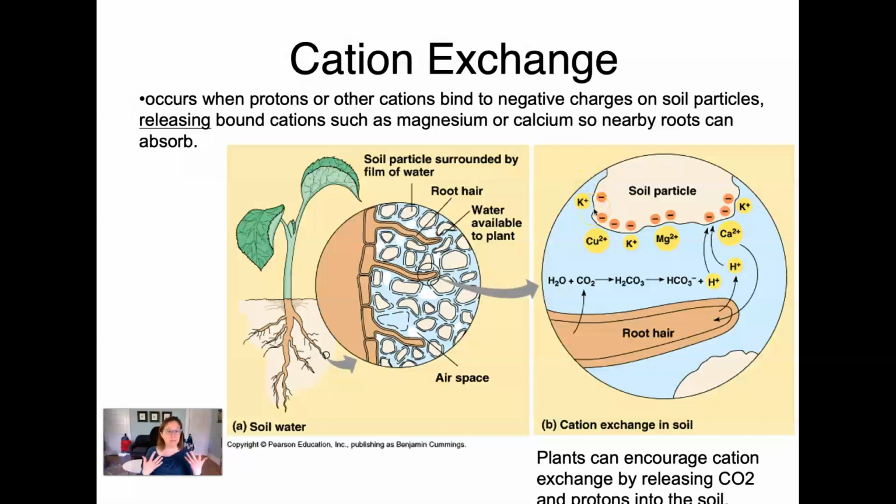These days I'm thinking a lot about barter. So the barter of protons that the plant releases that it's not needing, and releasing from the bonds between the cations and the soil particles, the cations that the plant actually needs. And so then they can be moved into the root hairs on the epidermal cells via active transport.